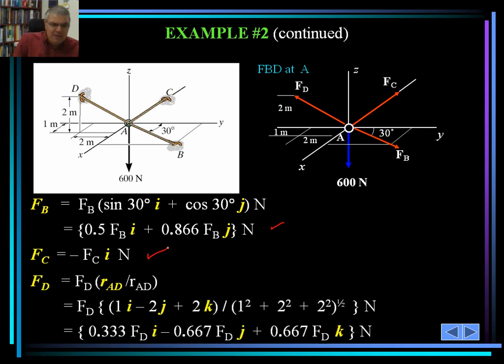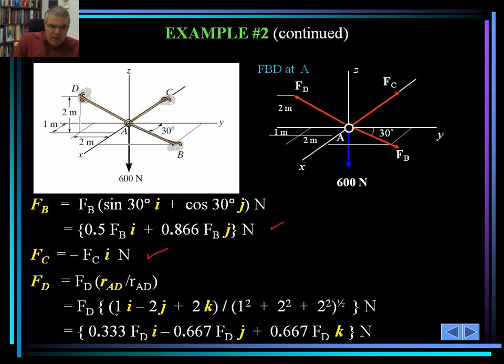Then F sub D, it is pointing to a point in space. F sub D is R sub AD divided by the magnitude of AD. Remember, for the magnitude of AD, first you would calculate the I, J, and K multiplication factors, and then we would square those, and we would take the square root of the sum of the squares of those quantities.